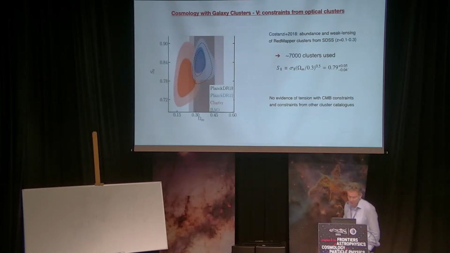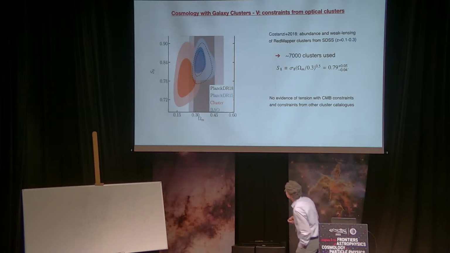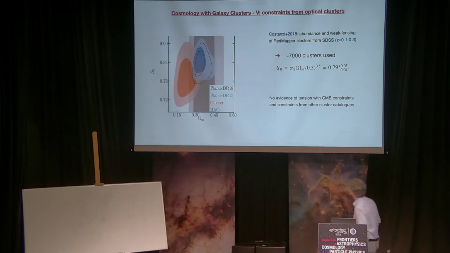The other approach is using optical clusters from redMaPPer in SDSS. So you use optical light, and what you get here is this number, 7,000 clusters. And this is Planck 2 data releases, and this is the BAO value. They agree with each other.